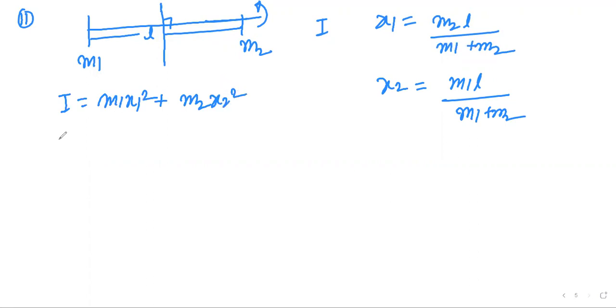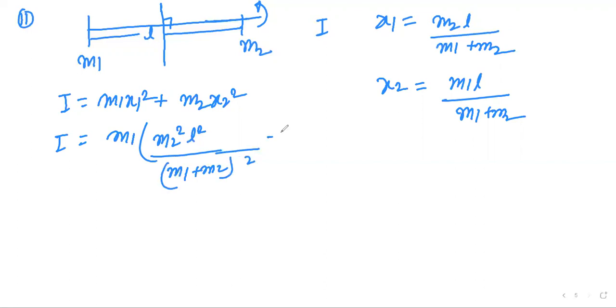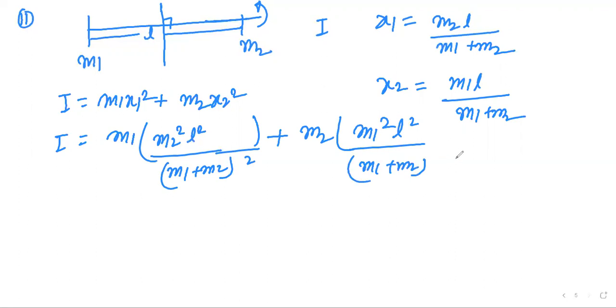Then I is equal to M1 times the x1 value, squared, so you will get M2 square L square divided by M1 plus M2 whole square, plus M2 into M1 square L square divided by M1 plus M2 whole square.